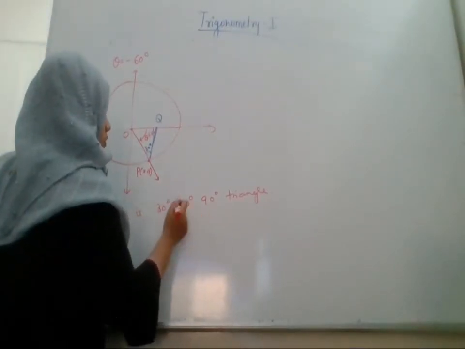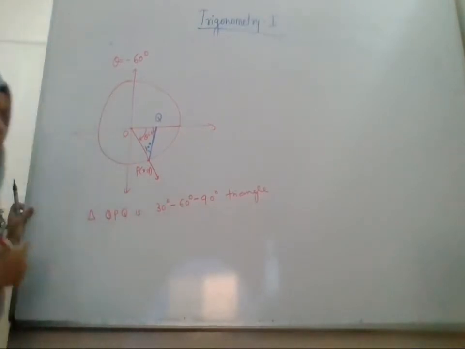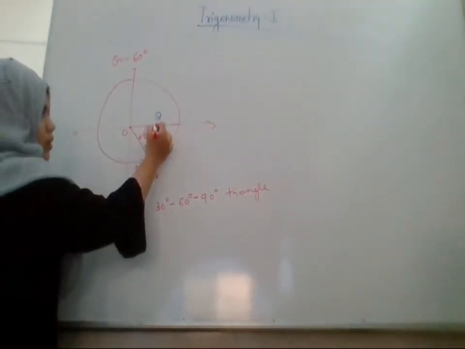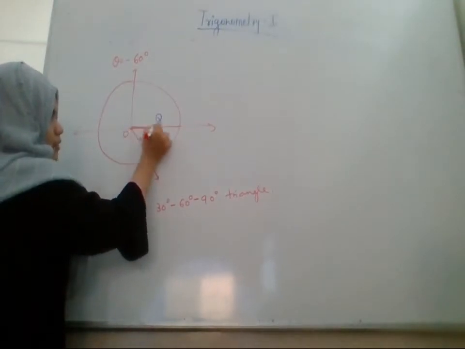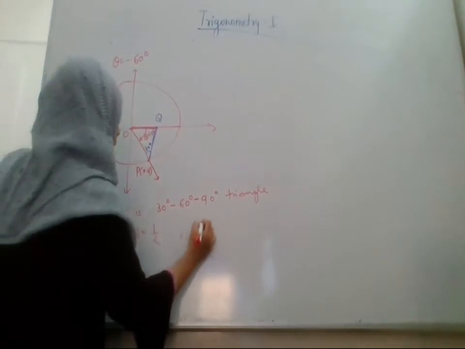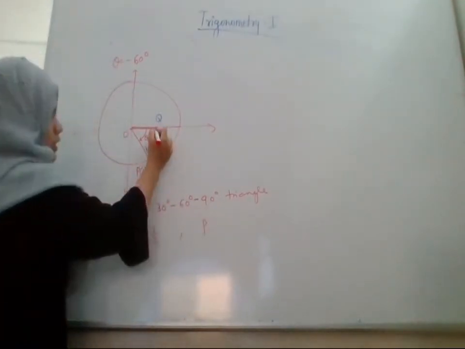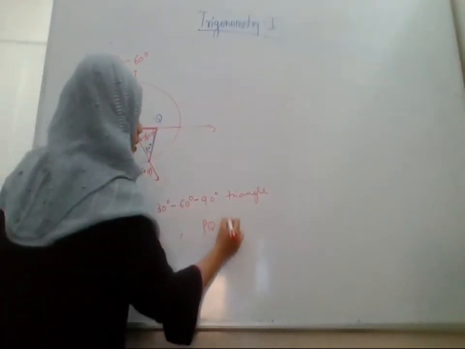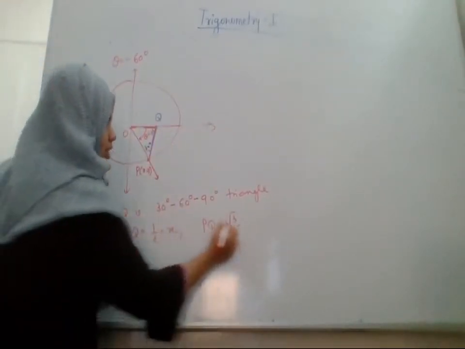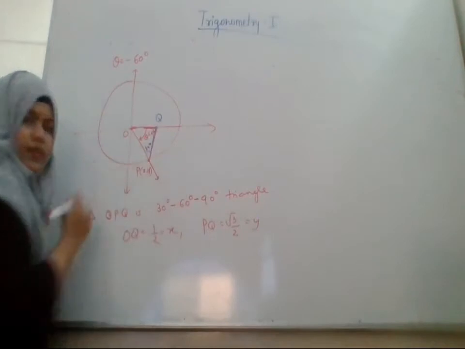No need to specify the minus sign. Now, as we know from this theorem, the length OQ will be 1 upon 2, and the length PQ will be root 3 upon 2. So this is nothing but your x, and this is nothing but your y.